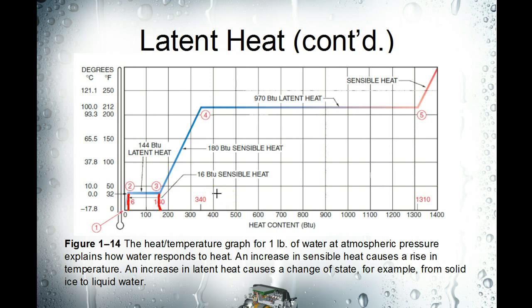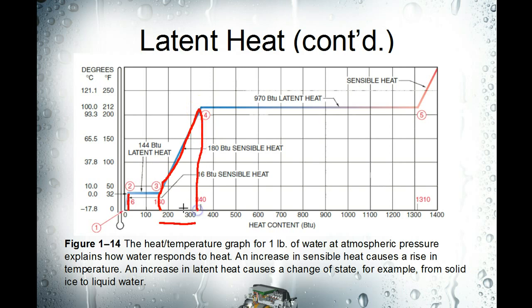So when we start to apply heat to the water, the water temperature starts to rise from 32 degrees and it increases up this line right here, and we can measure it with a thermometer until we hit 212 degrees. Now that is the sensible heat, and this legend down here at the bottom is the heat content in BTU.